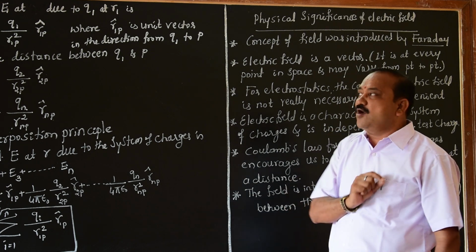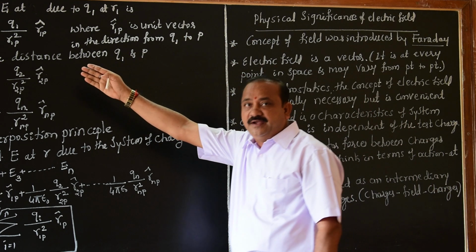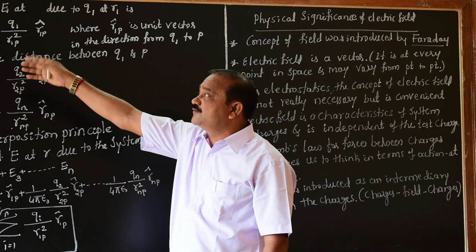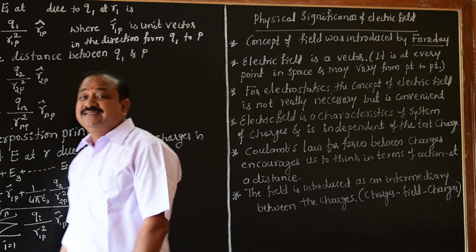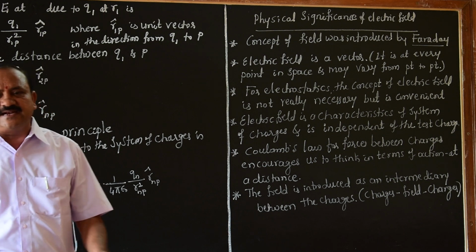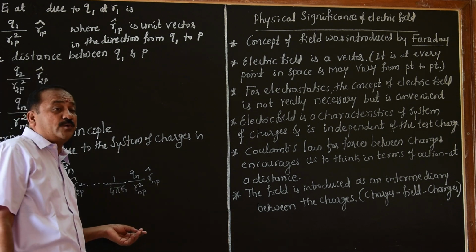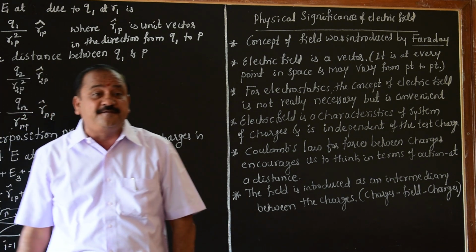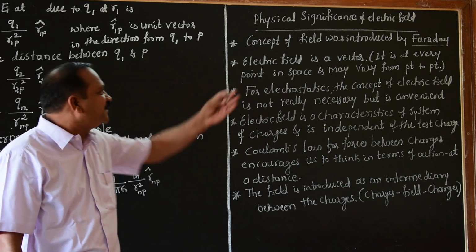With reference to that, we can derive the expression for the electric field due to a system of charges. Sometimes they may ask what the physical significance of the electric field is. It's a simple thing.